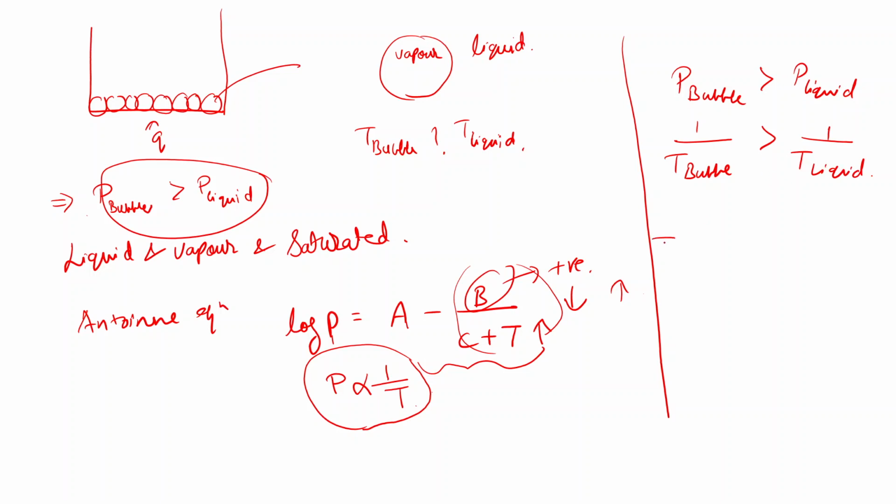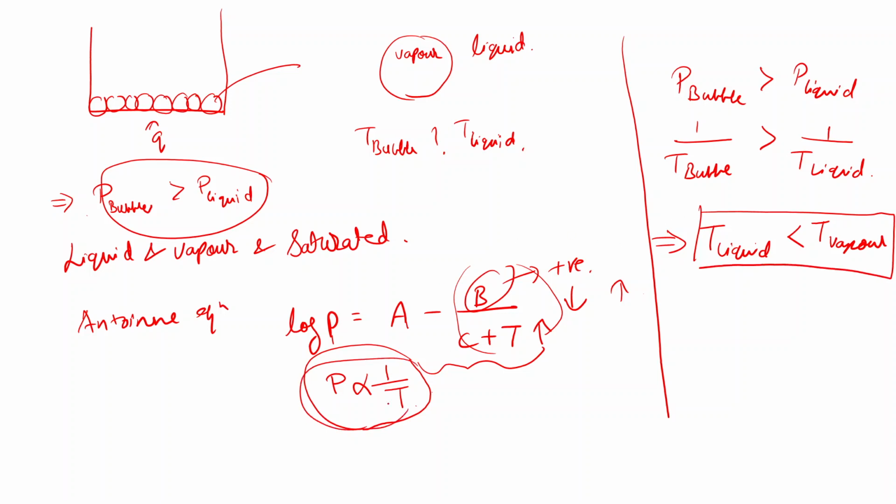So we can invert this and the sign of inequality will also change. That will become: the temperature of liquid will be less than the temperature of vapor. So this is the relation between the temperature of liquid and vapor that we found using this correlation, which is obtained from the Antoine equation.